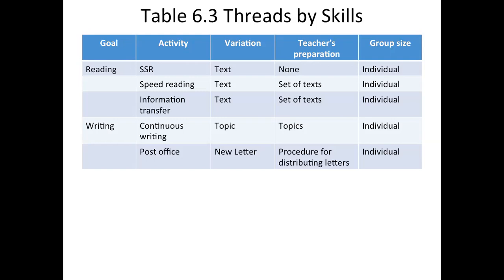Writing. One of the activities that teachers usually do is what we call continuous writing. The teacher provides or selects a topic, and one student will write a sentence. The main idea may be written by the teacher, and then the first student will write the next sentence.